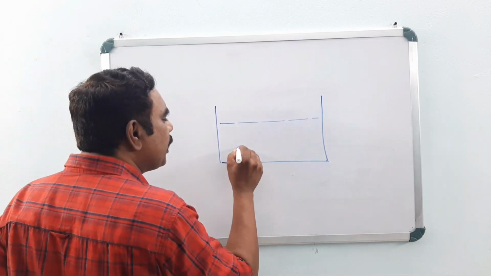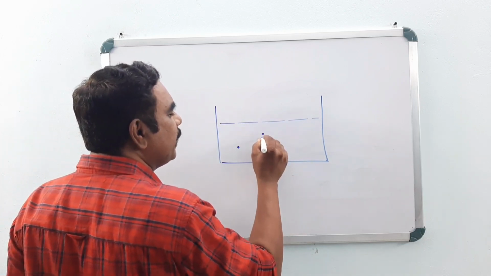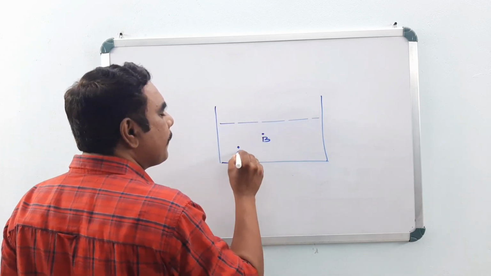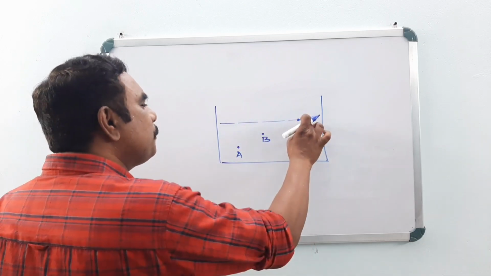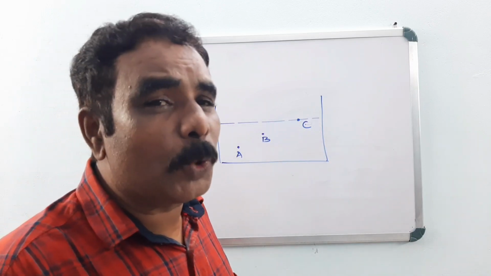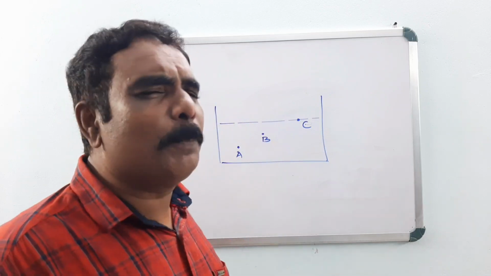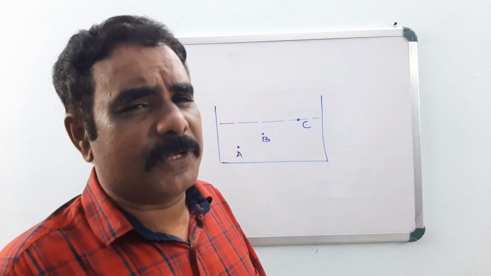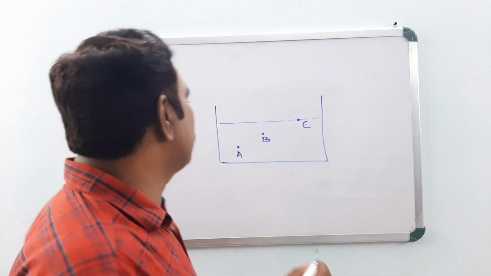We are considering a molecule A, then a molecule B, and then a molecule C. But these molecules are at different positions. Molecule A is well inside the liquid. Molecule B is near the surface and molecule C is right on the surface. Let us draw the sphere of influence around them.